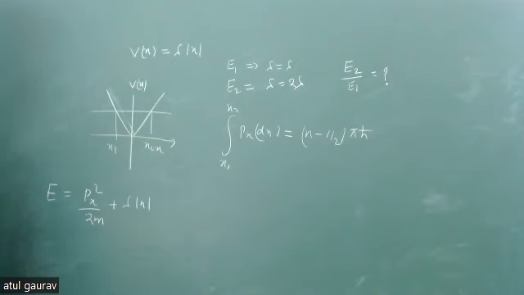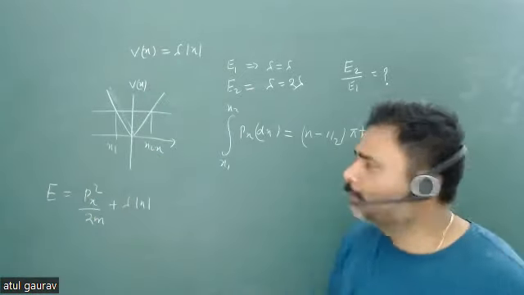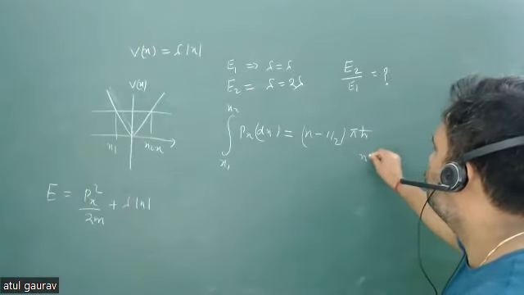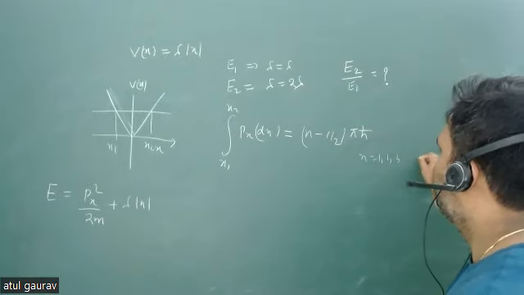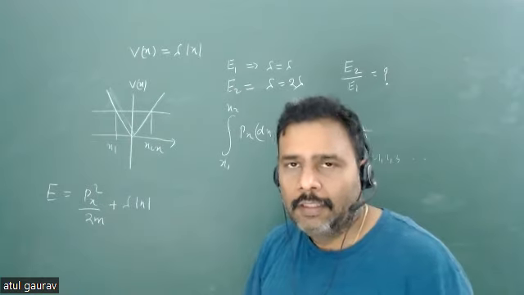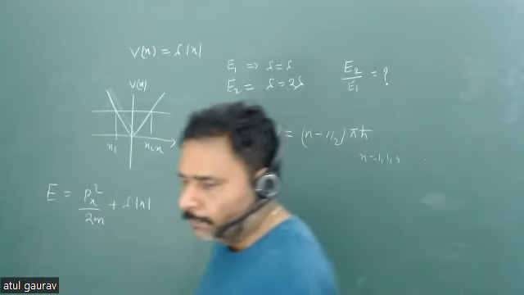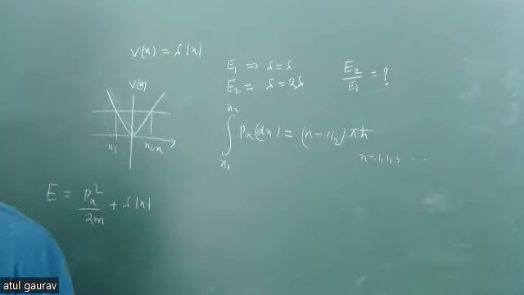N plus half, half pi h. n माइनस हाफ भी लिख सकते हो, n प्लस हाफ भी लिख सकते हो. अगर n माइनस हाफ लिखेंगे तो n इज इक्वल टू 1 2 3. ओके, n प्लस हाफ लिखेंगे तो n इज इक्वल टू 0 1 2 3. कल हमने डिस्कस किया था. ओके, क्लियर है ये? Okay, sir.